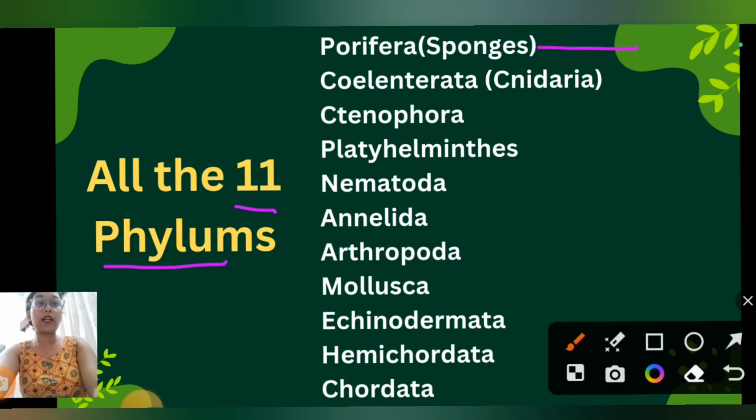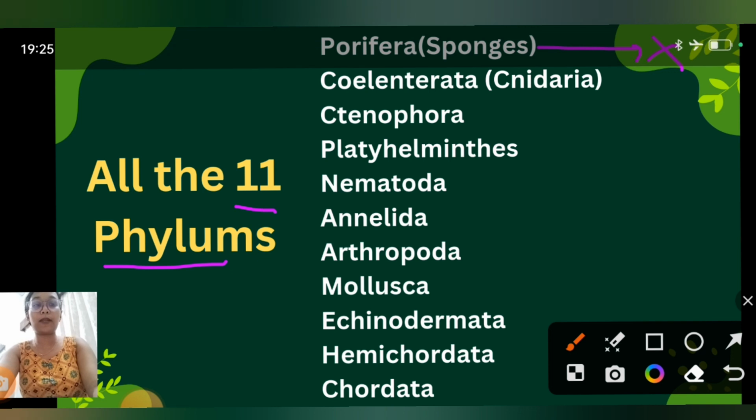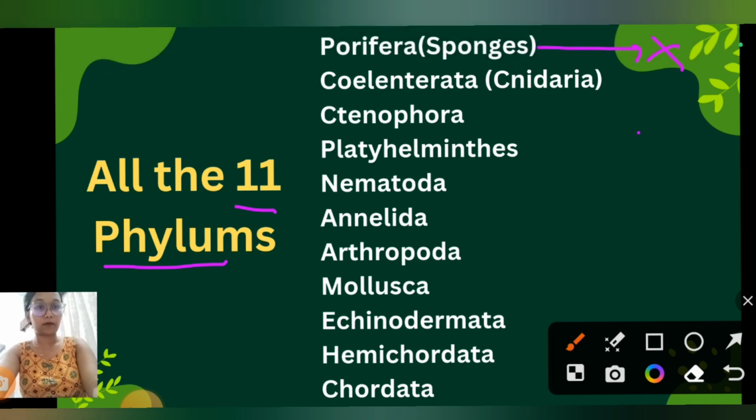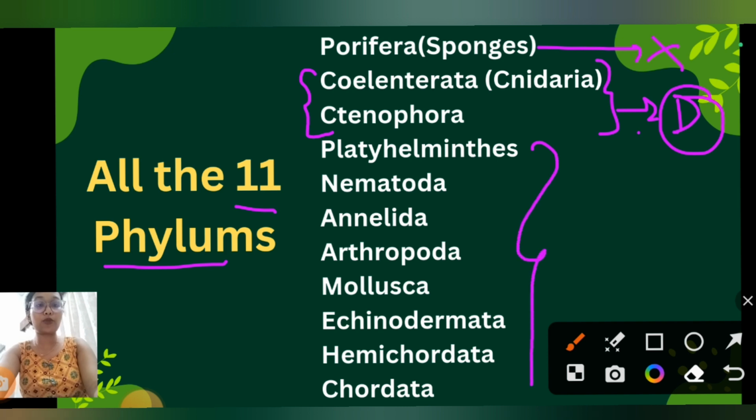Porifera does not have any kind of germ layers. Coelenterata and Ctenophora are diploblastic, and the rest from Platyhelminthes to Chordata are triploblastic, meaning they have 3 germ layers.